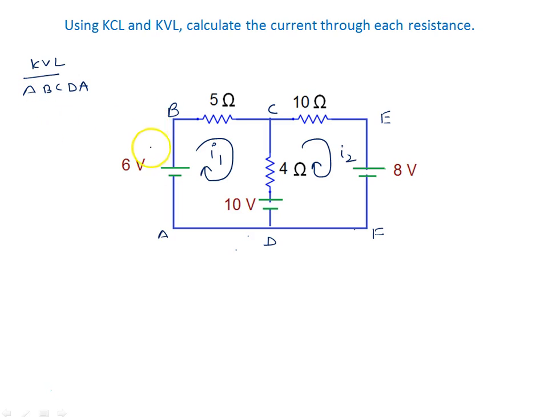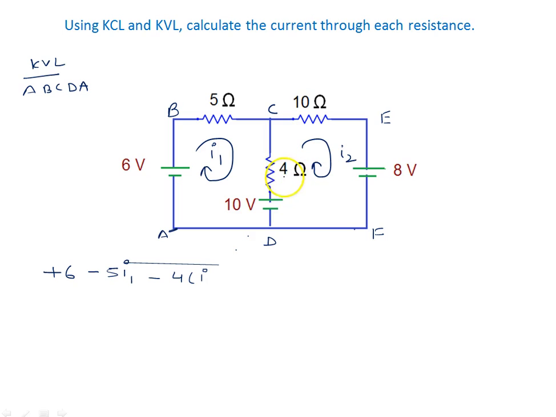Suppose I start from this point, point A. Then along the direction you will say plus 6. Here you are moving along the direction of flow of current, minus 5 I1. Okay. Here, along the direction of flow of current I1, you will say minus 4 I1.